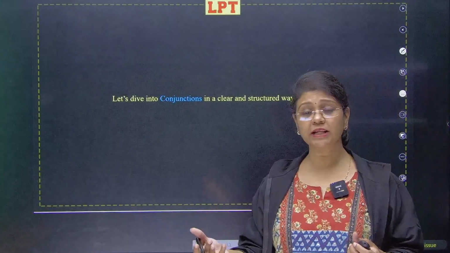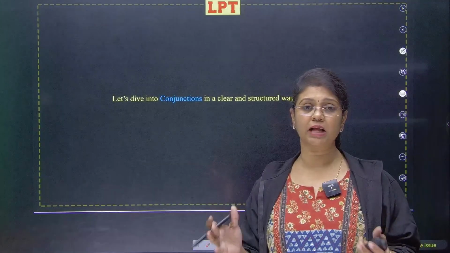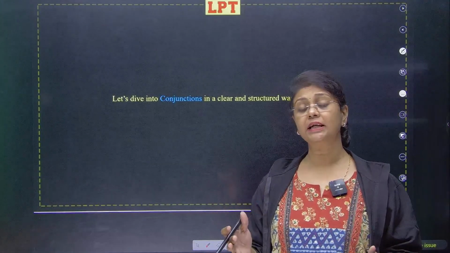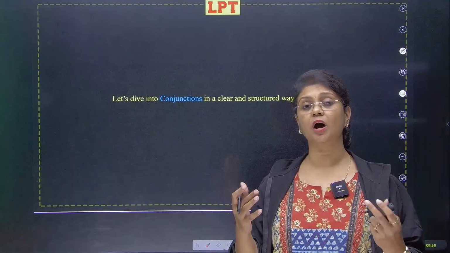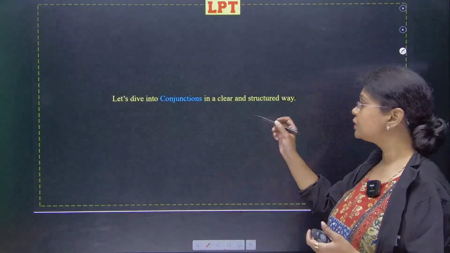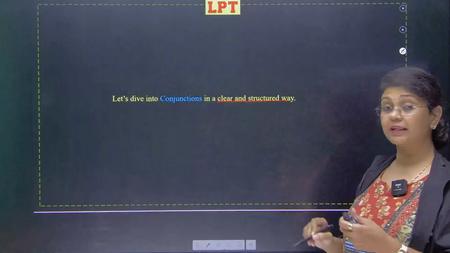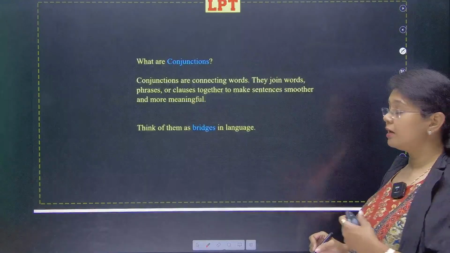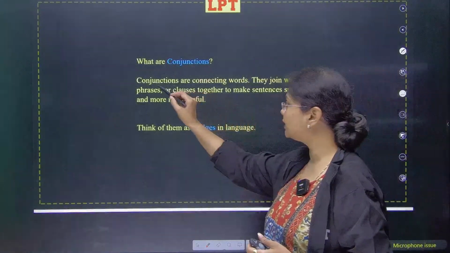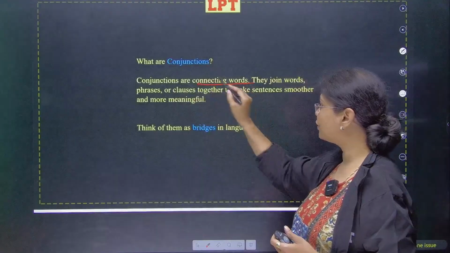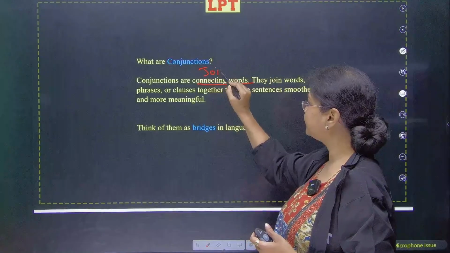Again, a closed category, so you have a fixed number of conjunctions in the English language. Let us understand what these conjunctions are and how we are supposed to understand them. So let's understand in a clear and structured way. Now, what are conjunctions? Conjunctions are connecting words, or you call them joining words, right?